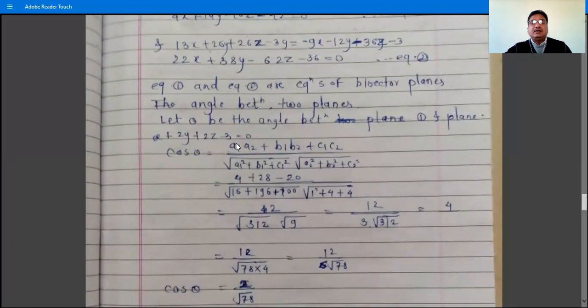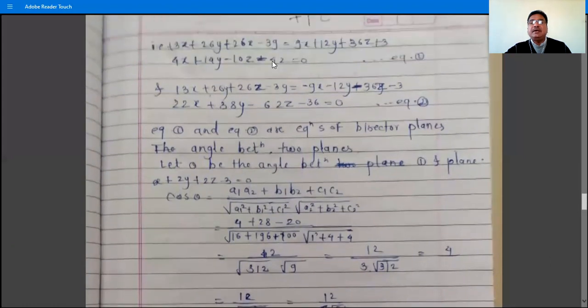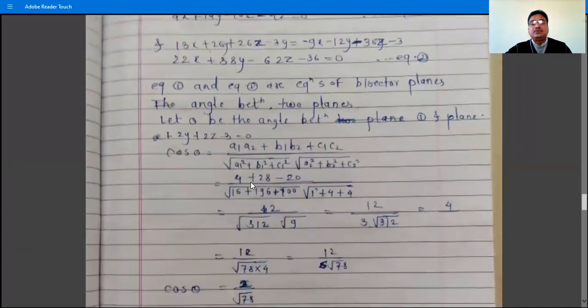In equation number 1, the coefficient of x is 4, of y is 14, and of z is minus 10. So take a1 b1 c1 as 4, 14, and minus 10. In the second equation, the coefficients of x, y, z are 1, 2, 2. So take a2 b2 c2 as 1, 2, 2.